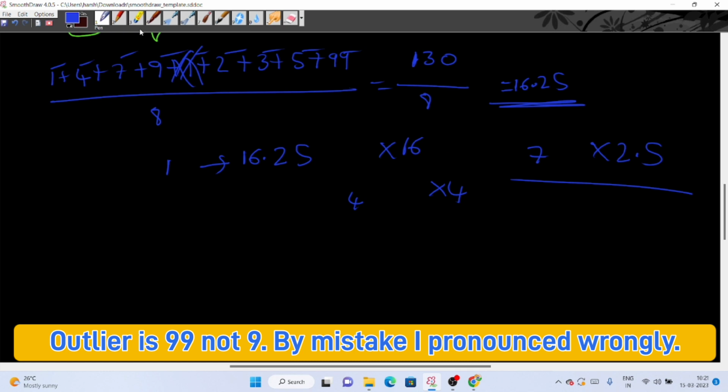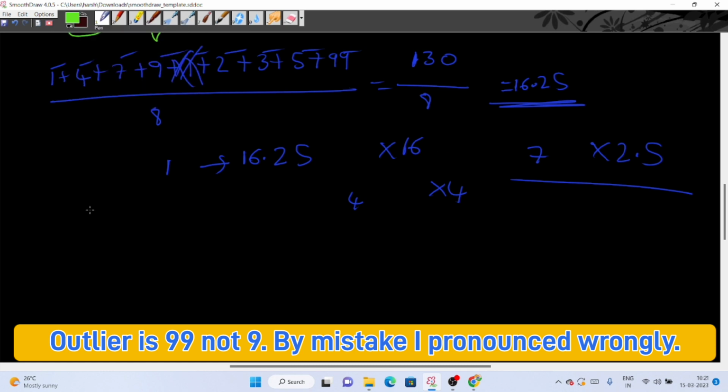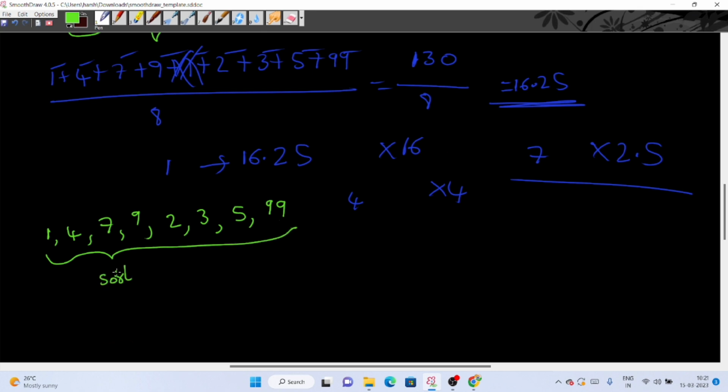So how can we rectify this using median? Let us see. First, let us take all the data which we had: 1, 4, 7, 9, 2, 3, 5, 99. First of all, let us sort it.